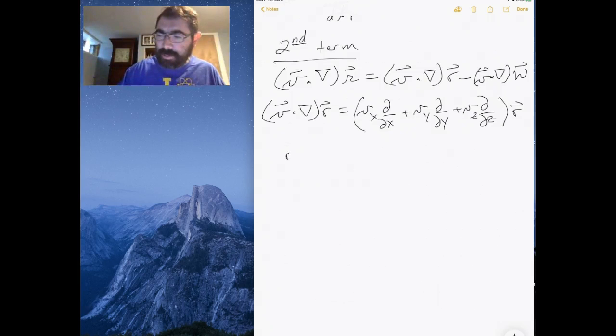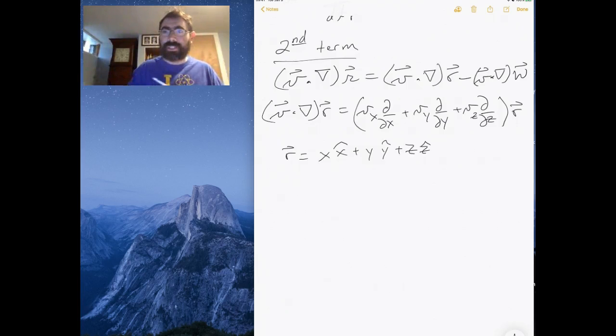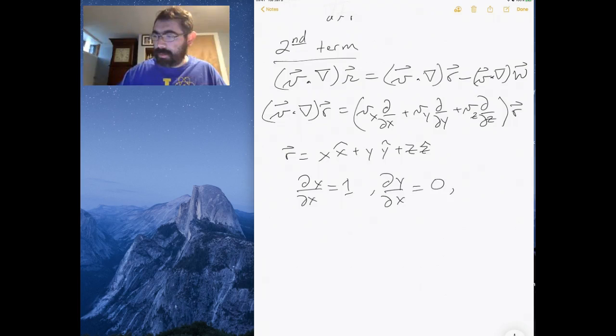And r is x in the x direction plus y in the y direction plus z in the z direction. So when you work that out, what you basically get is d/dx operating on x gives us 1, but d/dx of y is 0, and so forth and so on.